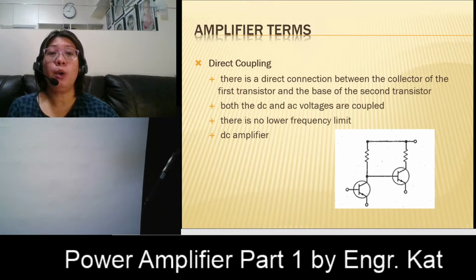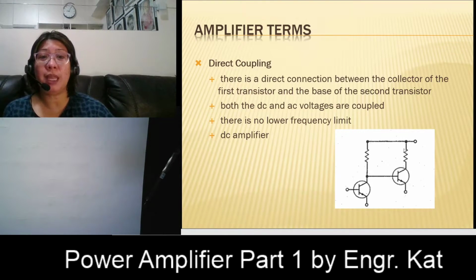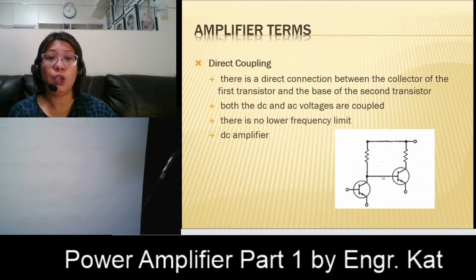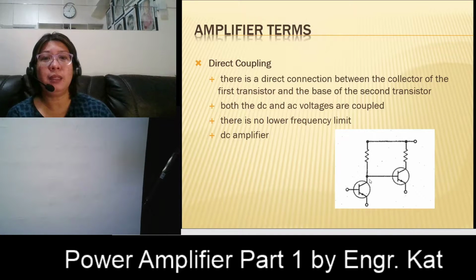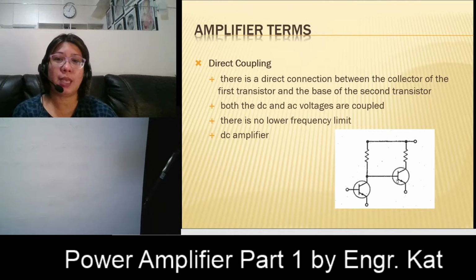Okay, so the third type is direct coupling. As you can see, you connect your first stage to the second stage directly, the output from the collector of your first stage to the base of your second stage. Okay?